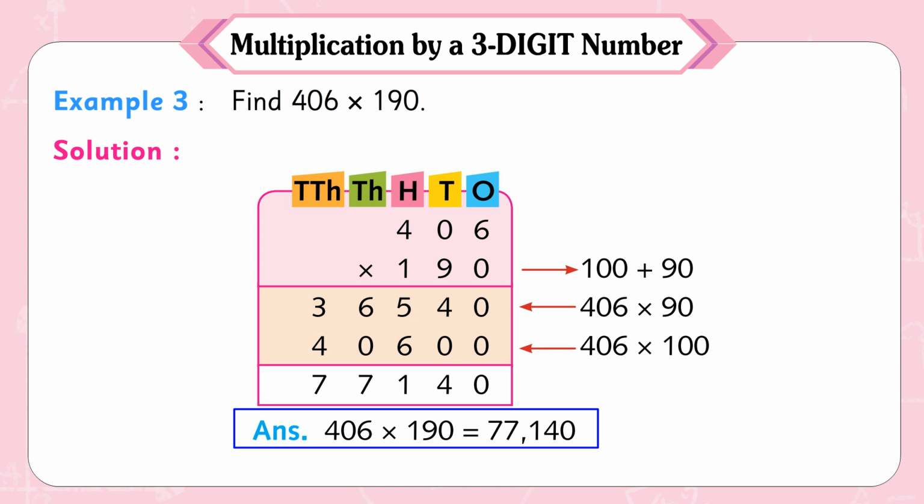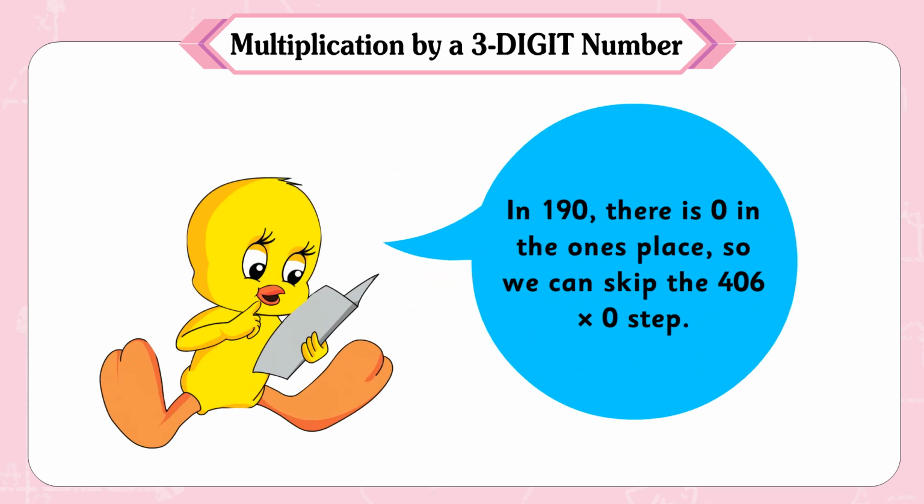Answer. 406 into 190 is equal to 77,140. In 190, there is 0 in the ones place. So, we can skip the 406 into 0 step.